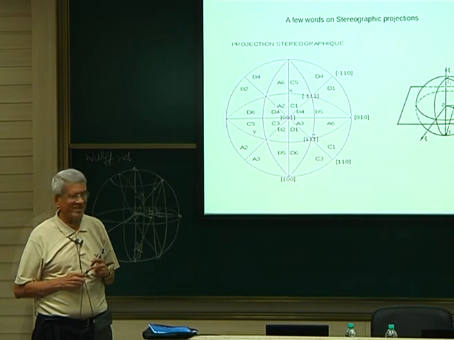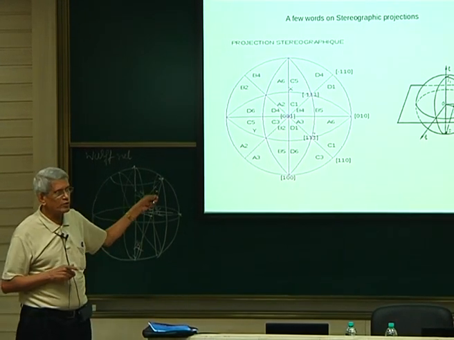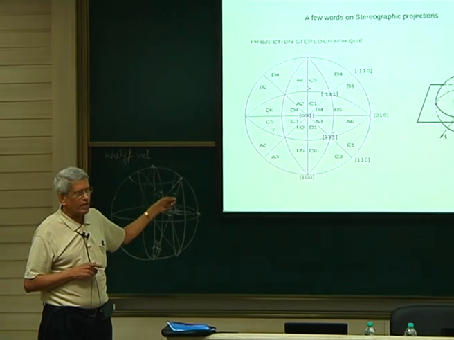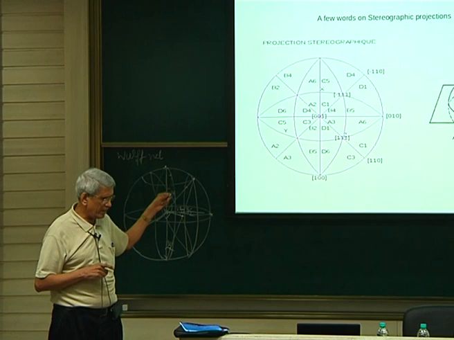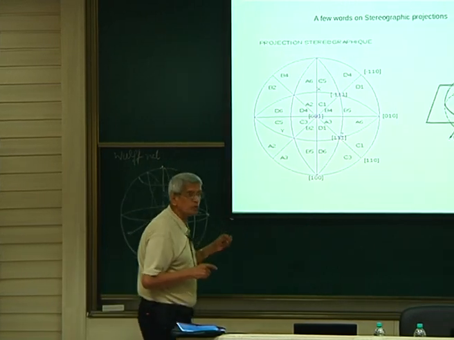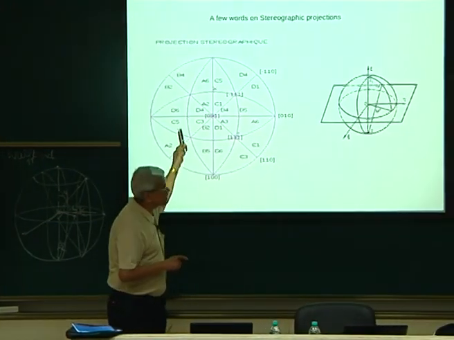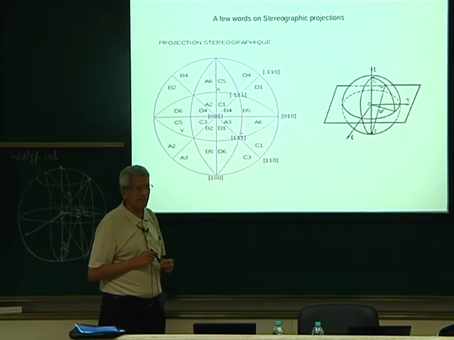Okay. And this same thing we use not only for that, but what are the other applications of it? When we wanted to represent the point group and space group symmetry, they can be represented in the stereographic projection.